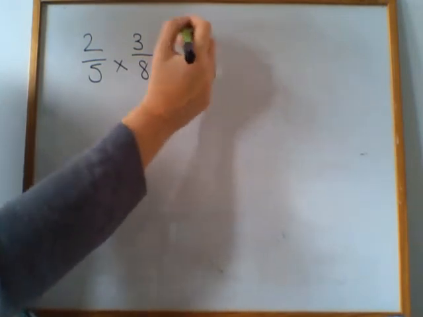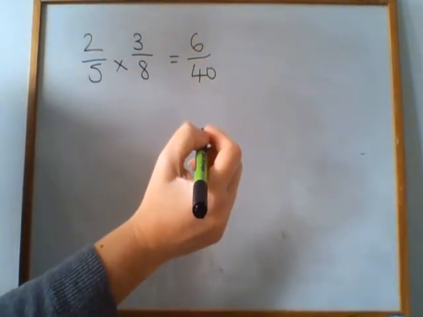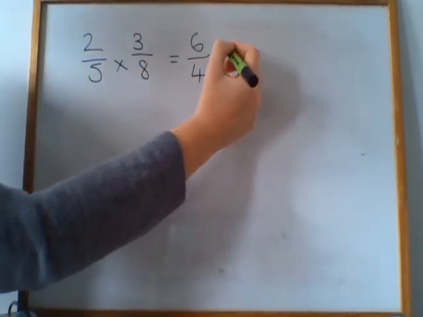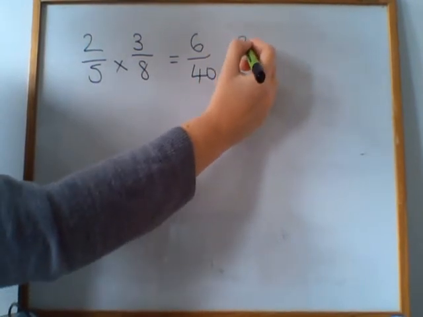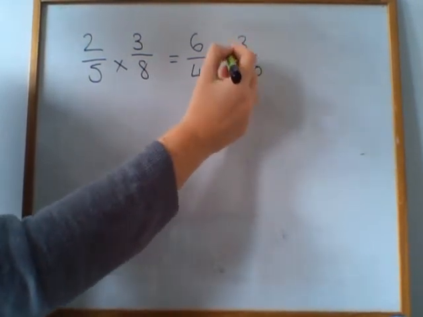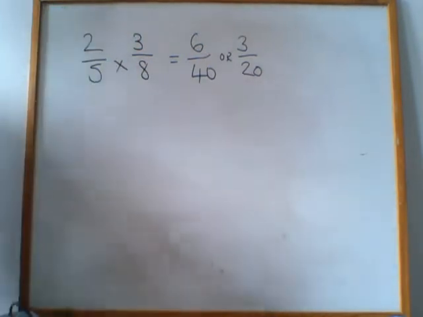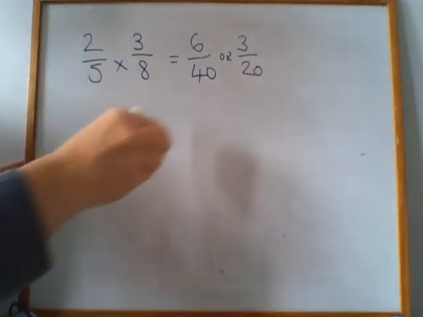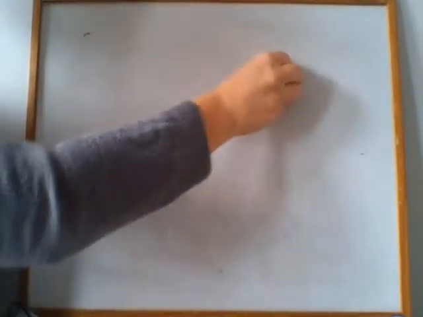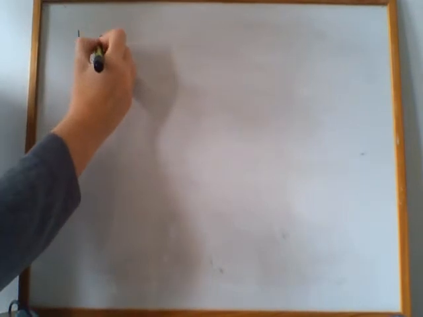And then I should always look and see if I can simplify that, put it in its lowest terms. For this, I can divide by 2, so 3/20. So 6/40 or 3/20 in its lowest terms is your answer for number 5.